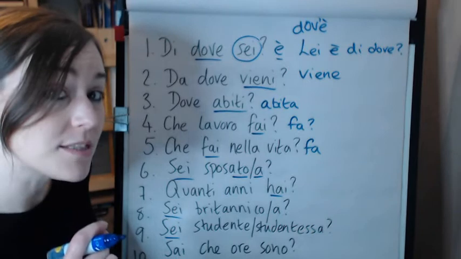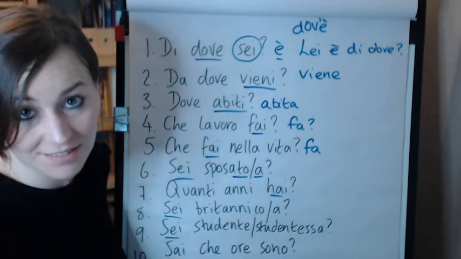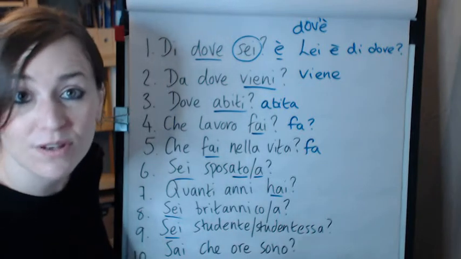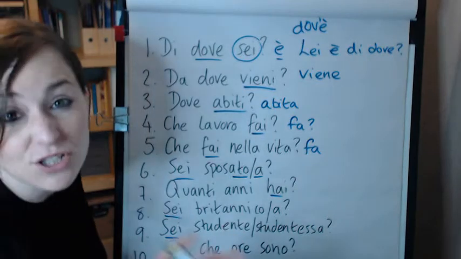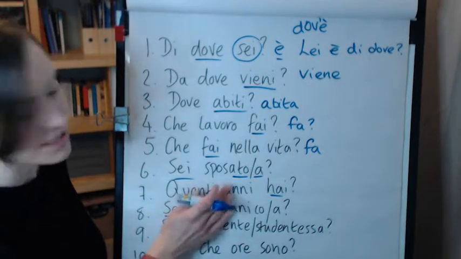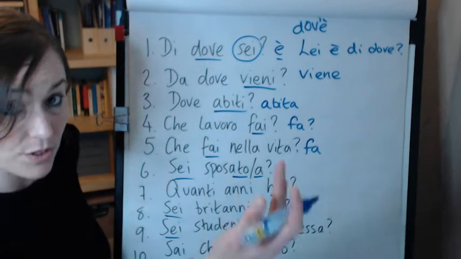Or it might be a little bit different and end with an E, like interessante, which can be used for a man or a woman. With an E at the end, the adjective stays the same. It doesn't change. But other adjectives like this, married, agree with the gender of the person you're speaking to.